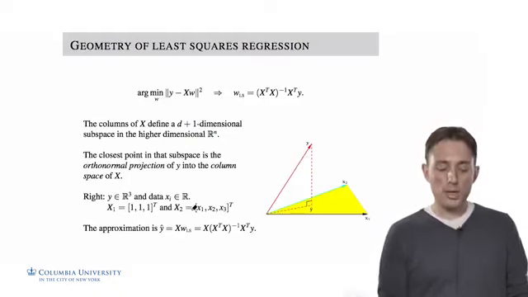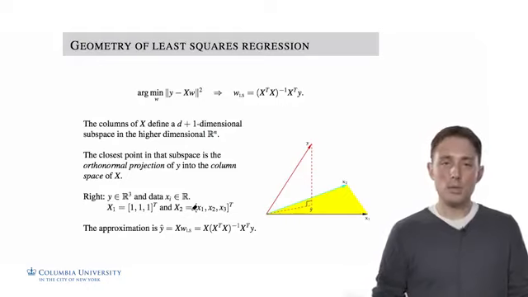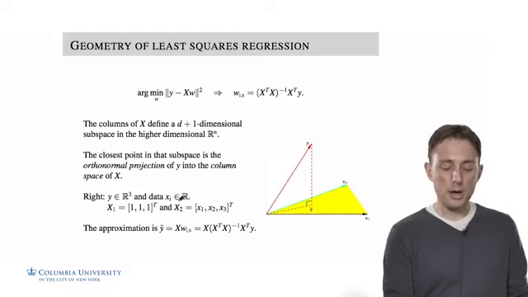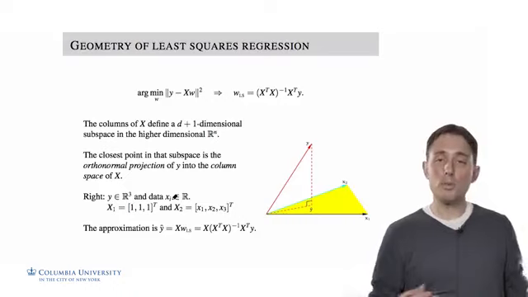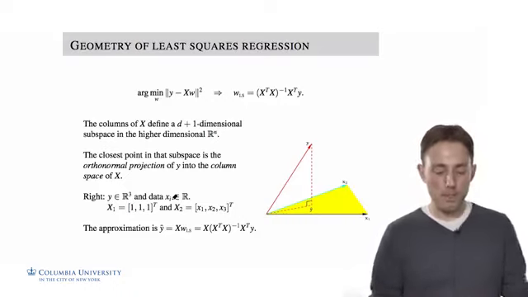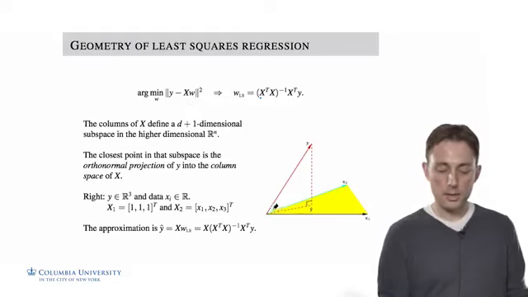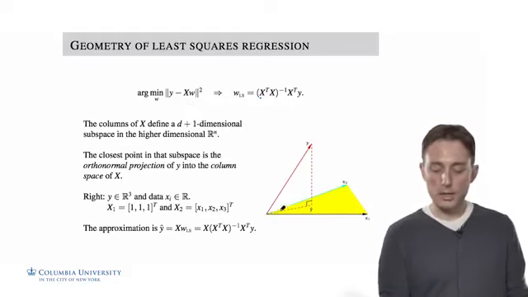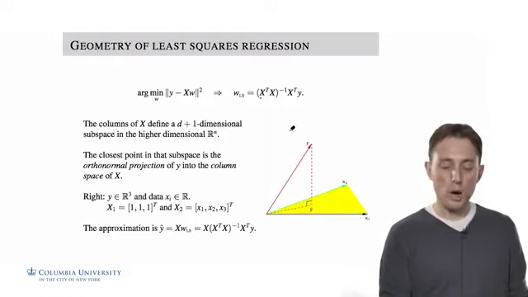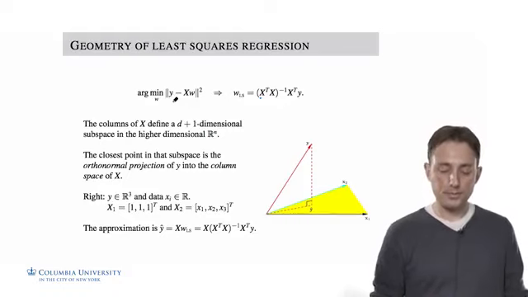And x2 is then the second column of the matrix big X. So we're assuming that our data points are in R, our inputs are in R, and we have 3 pairs, x1, y1 through x3, y3. And so here's the first column of our matrix X, the second column of our matrix X, and we're now trying to weight these 2 vectors to get them as close to the output vector y as possible.